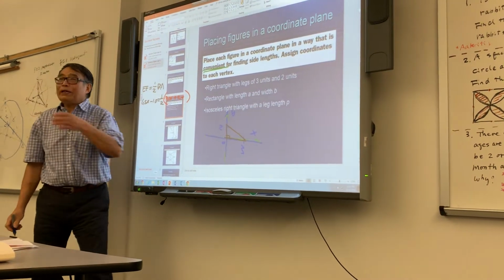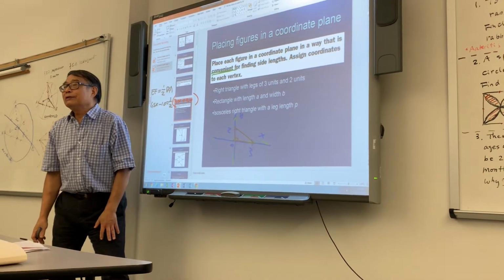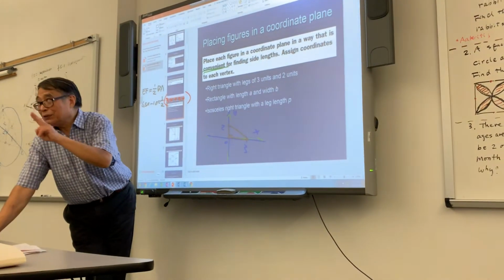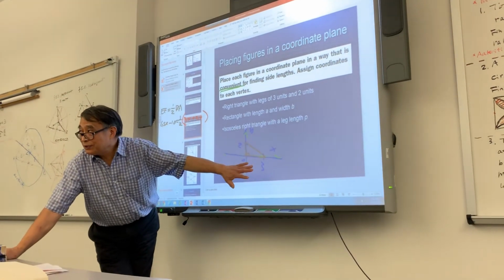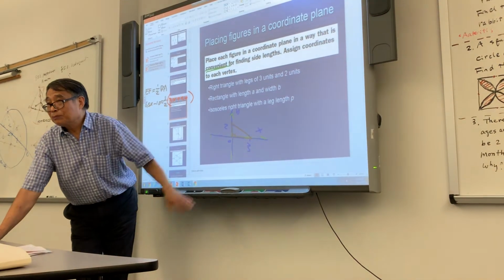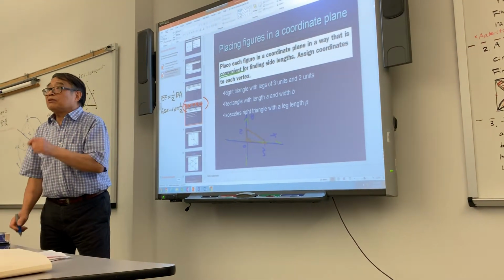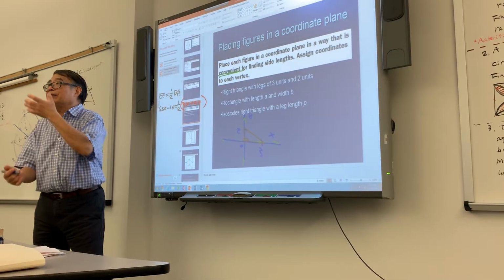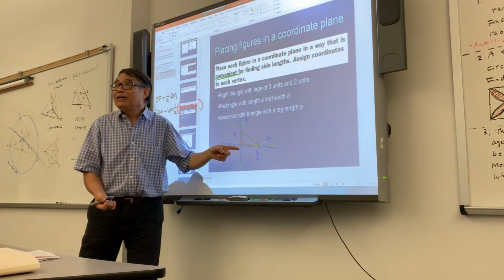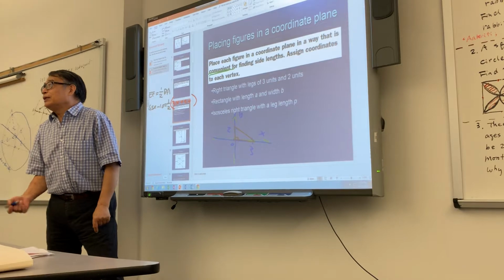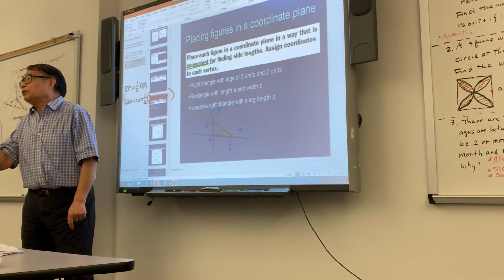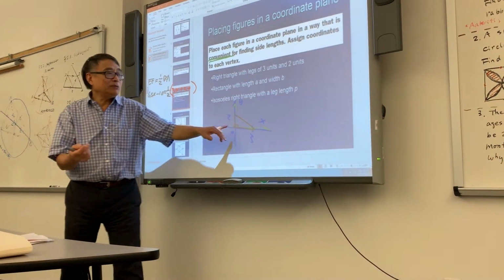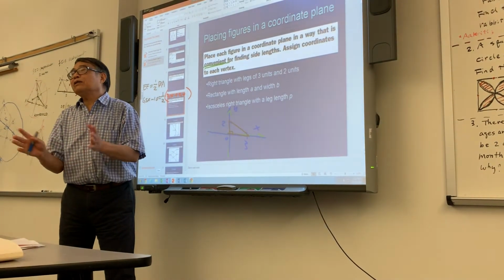That is the best way, the so-called convenient way. Why is this convenient? Because this point has coordinates 0, 0, this is 3, 0, and this is 0, 2. The more zeros for the vertices, the better. I hope everything is 0, but you cannot get everything 0. If you get 1 zero, it's good. 2 zeros is better. 3, much better. 4 is the best. You cannot get 5 zeros.